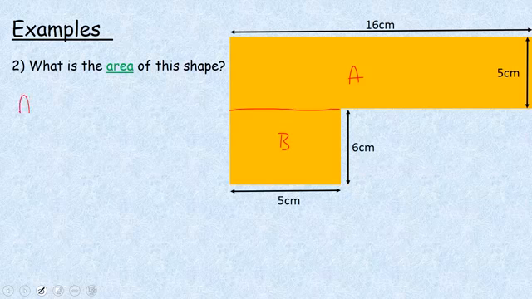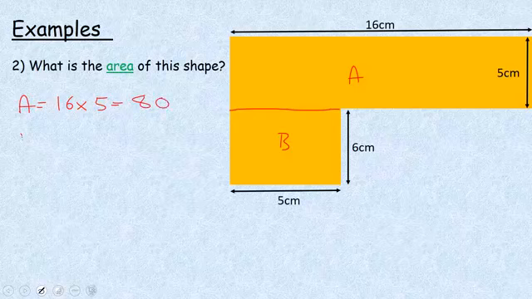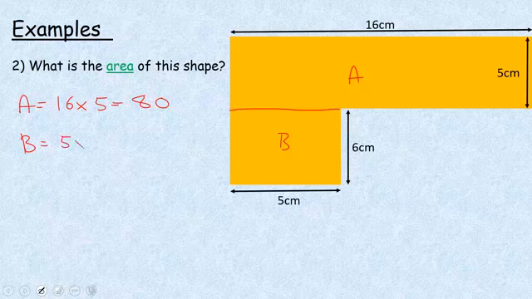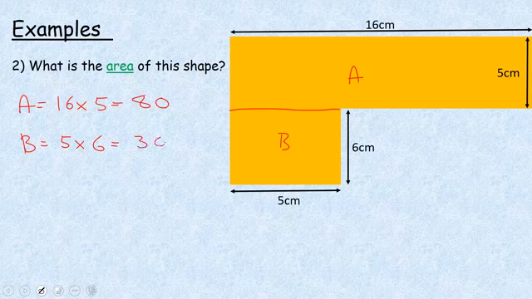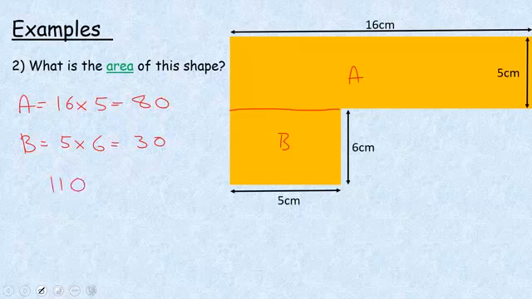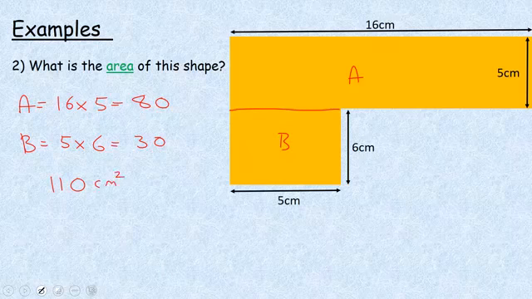So A is going to be 16 multiplied by 5, which is 80. And B is going to be 5 multiplied by 6, which is 30. And 30 plus 80 is 110. We've got lengths in centimeters, so we've got an area in centimeters squared.